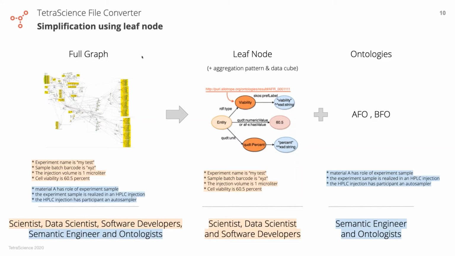So if we are able to decouple the semantic relationships from the actual leaves, but leave a hook here so that they can be connected, right? It's not that they are totally separated, they're just decoupled. Then we can potentially allow the scientists, data scientists, and software developers to focus on the data itself and deal with what they're comfortable with, and also leverage the semantic engineers in what they are good at.